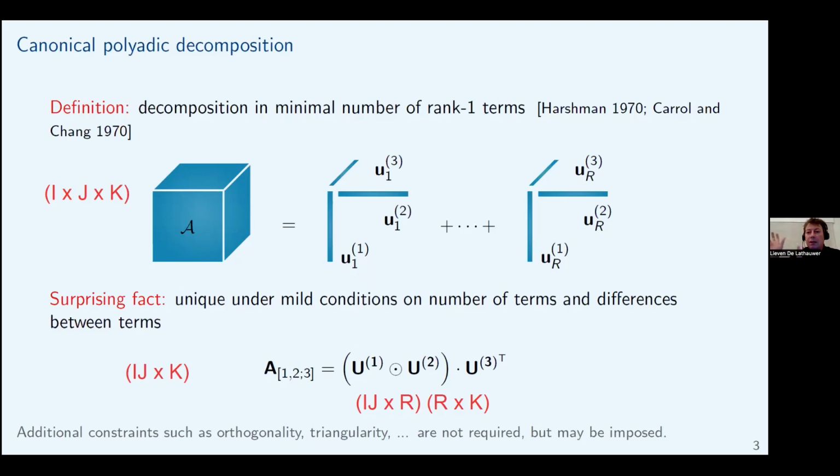You don't need underlying signals to be orthogonal or have some very special structures to be able to retrieve them. The conditions are really, really very mild, and you can retrieve the underlying components in principle very easily thanks to this uniqueness.